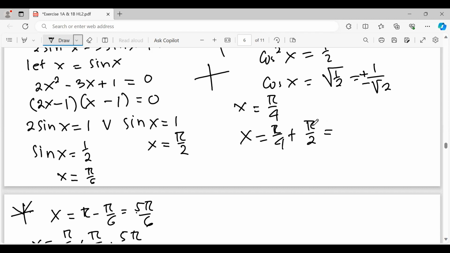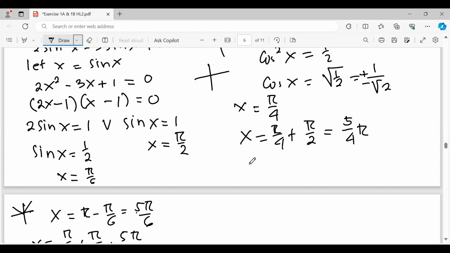pi over 4 plus pi half equals, wait, 5 pi over 4, yeah.